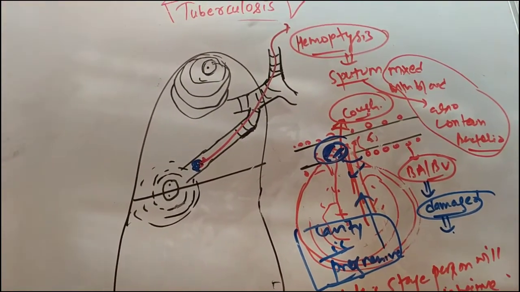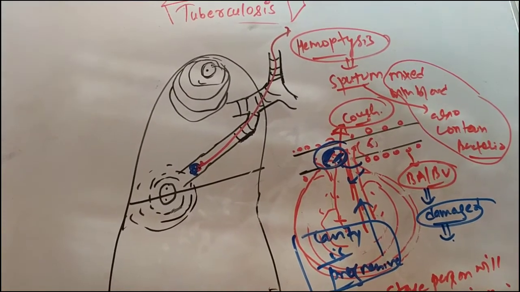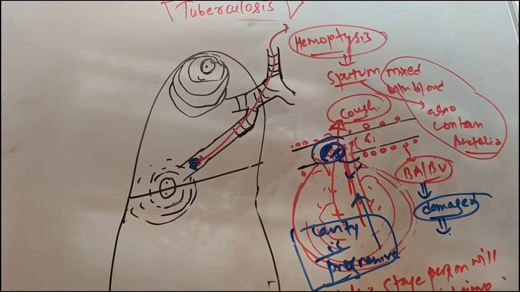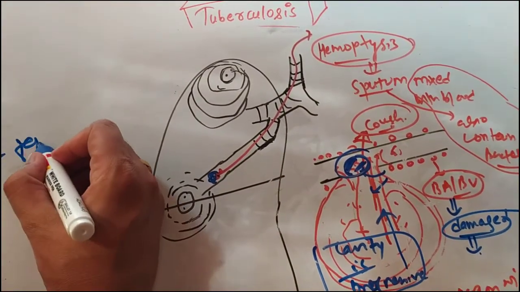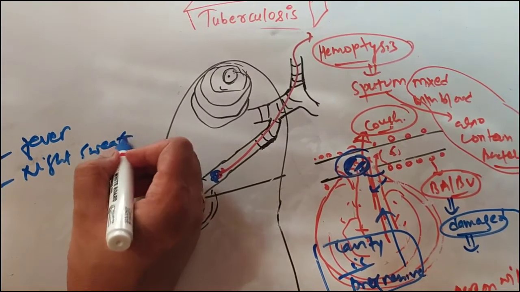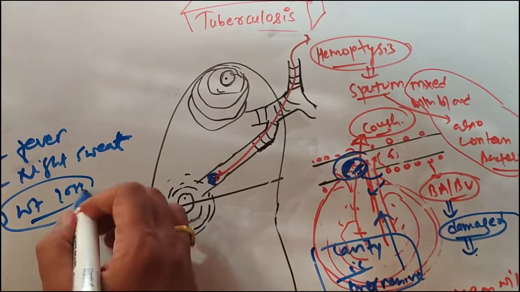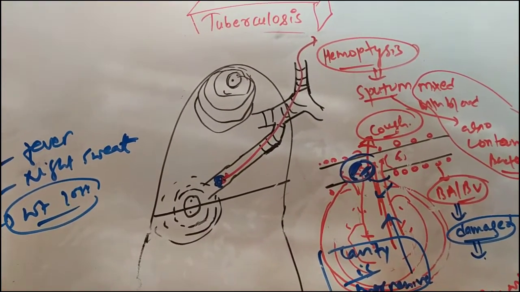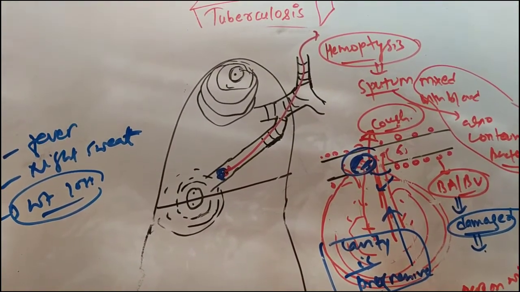So whenever an adult patient comes to you with a complaint of sputum mixed with blood, and the classical history of tuberculosis, like he is also telling that I am having the fever, I am having the night sweat, I am having the weight loss, and I am having the cough with bloody sputum, then you should have a high suspicion of tuberculosis.